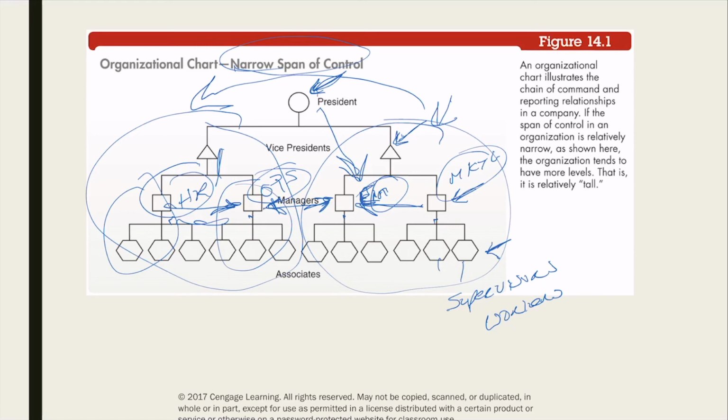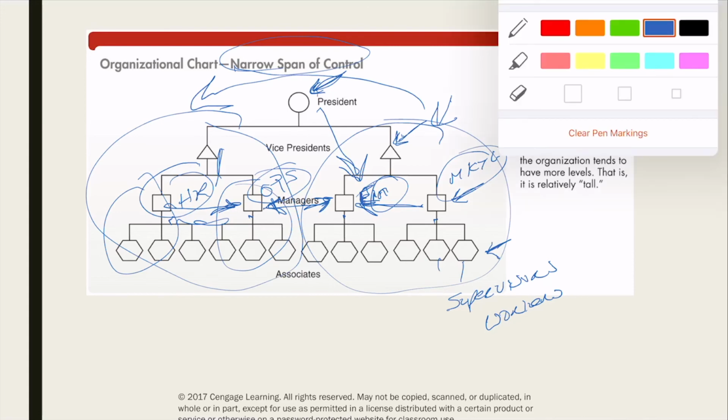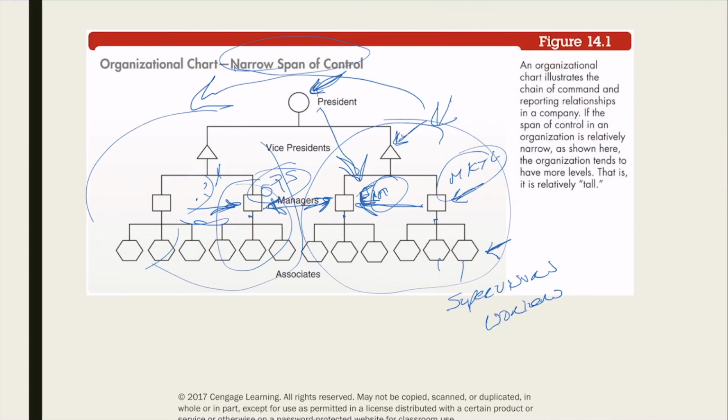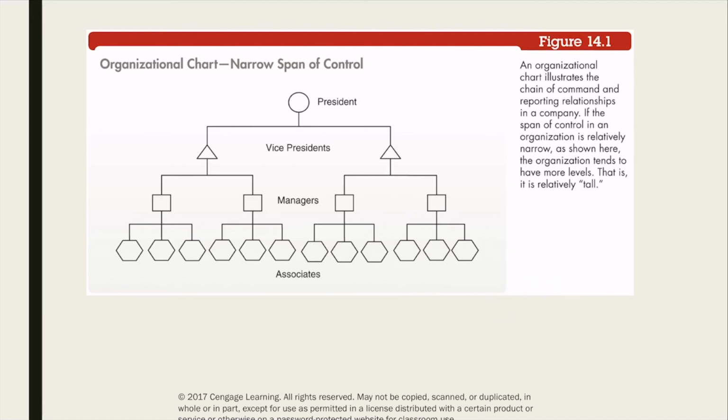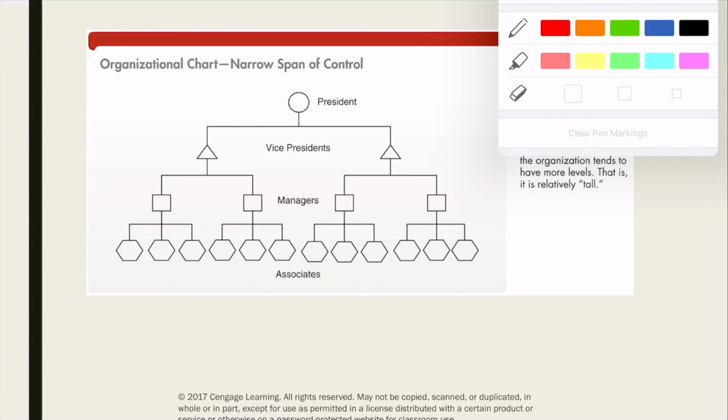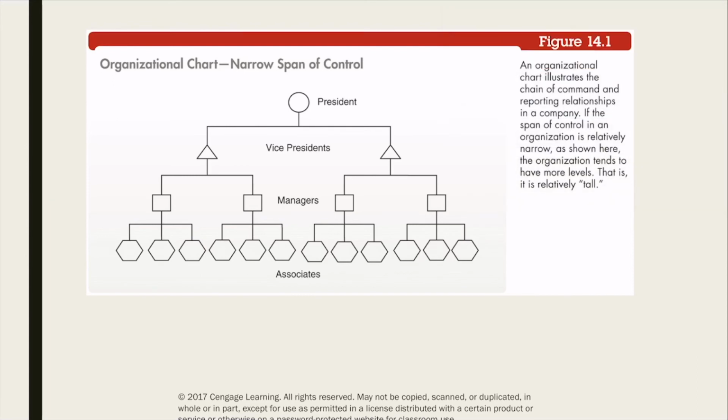Now, think about it. Let me erase all of this here and kind of give you an idea of what I'm talking about. If you want to communicate quickly to the decision makers, look at all of the strata or the departments that you have to go through. First of all, the associates have to go to the manager.